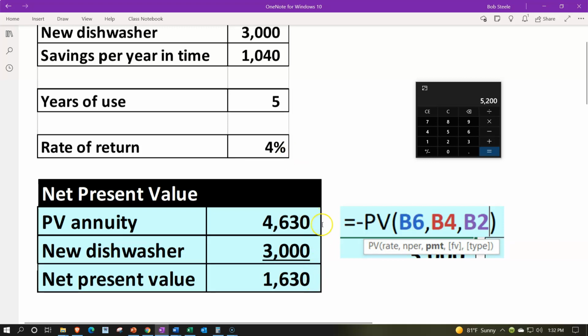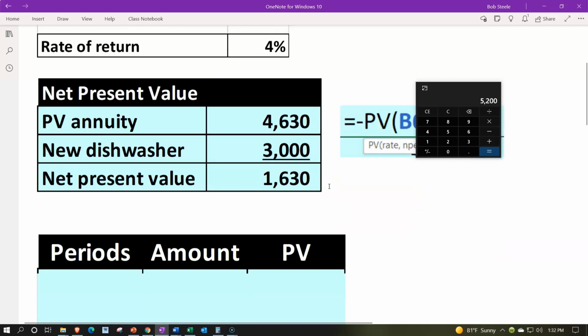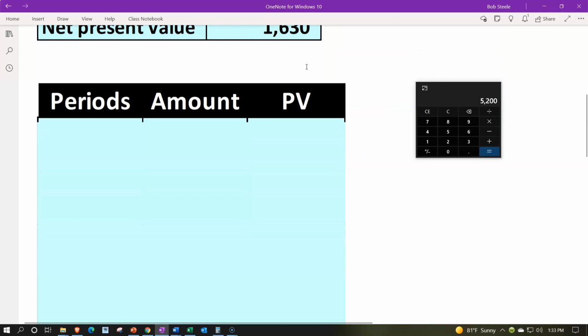So if this was negative, you would not be clearing the 4% rate of return. That's typically how you would set this up in a business type of setting. So obviously the higher the number, the better, but any number over 0, in other words, cleared the 4% rate of return, which typically we would set at the minimum rate of return that we would want in order to take on the project.